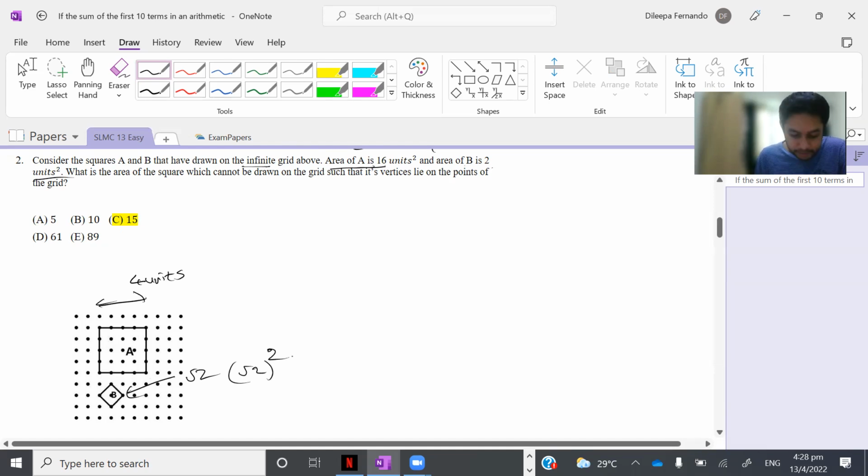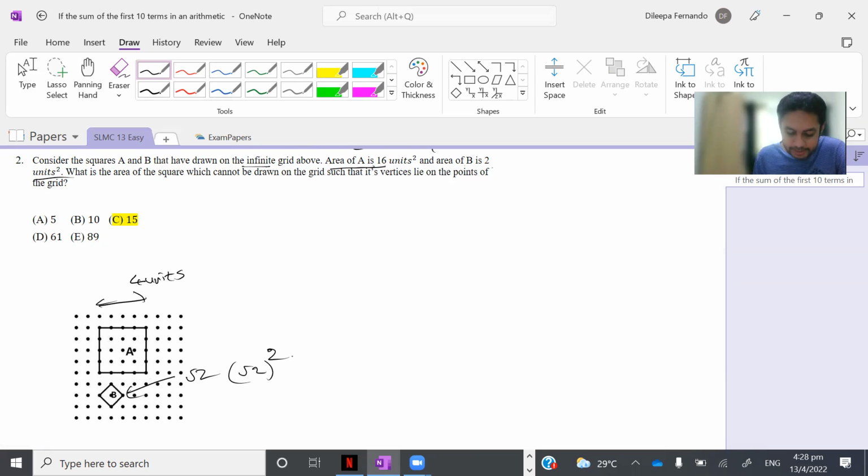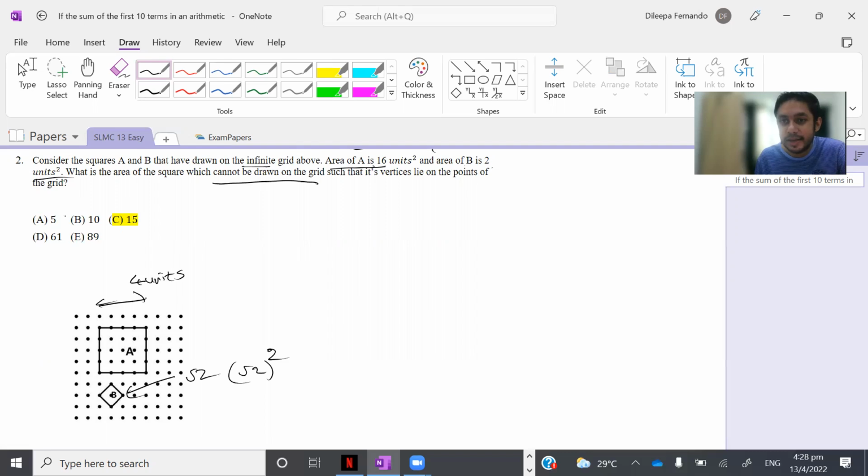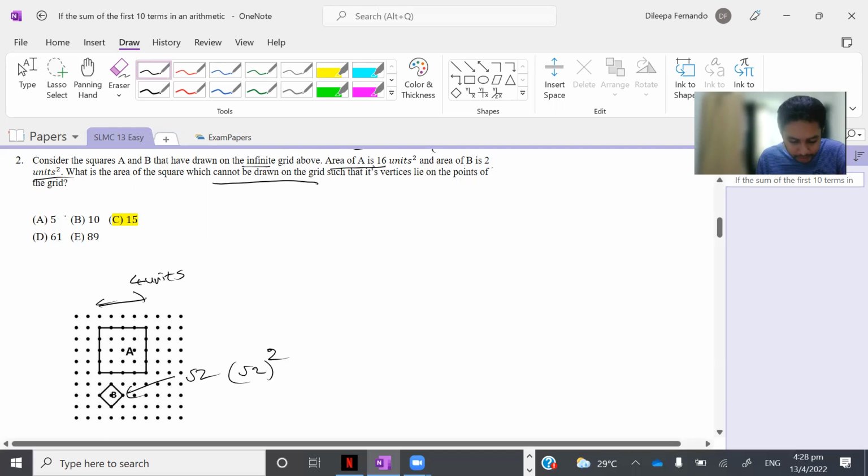The question asks: what is the area of the square which cannot be drawn on the grid? That means you have to find the number from these 5 which cannot represent the area of a square drawn in the grid.